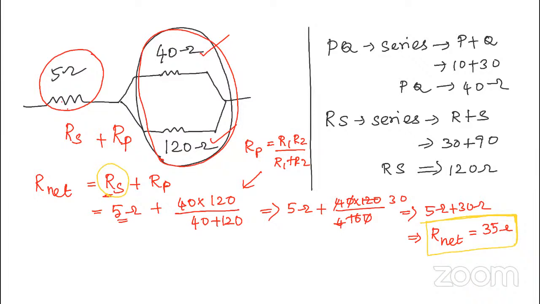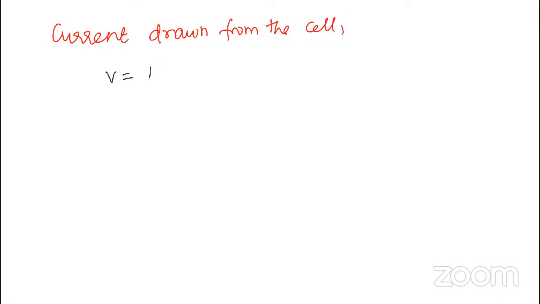Yes, okay. So for the next step, the current drawn from the cell, that is I, V is equal to IR, so I is equal to V by R. What is the value of V?